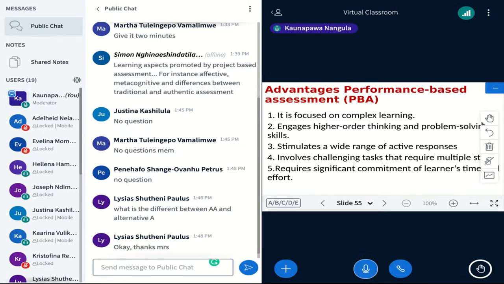You measure that as well. Looking at the learner's product rather than the score can allow teachers to get further insight regarding the learner's knowledge and skills. So that's what we have regarding the advantages of PBA.